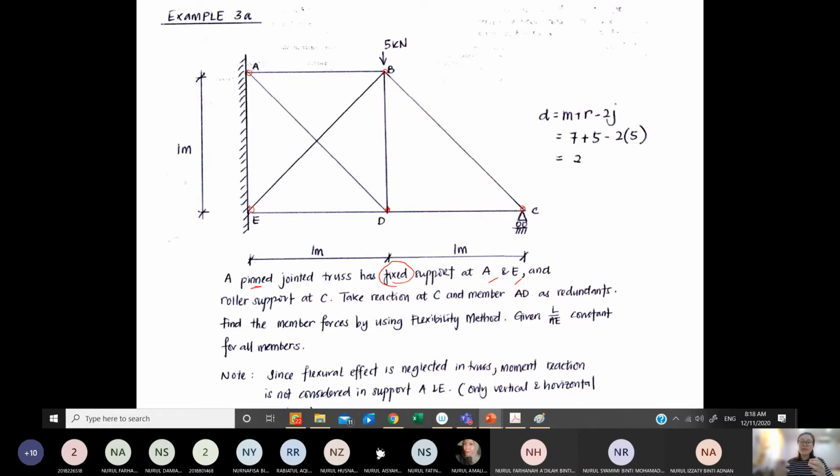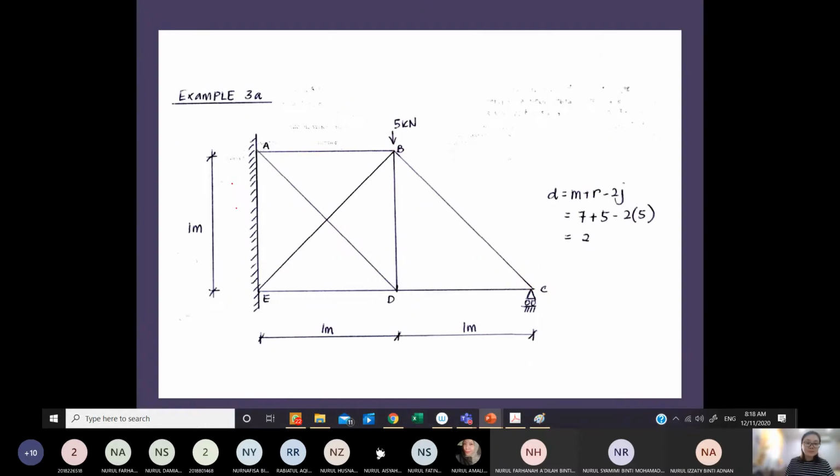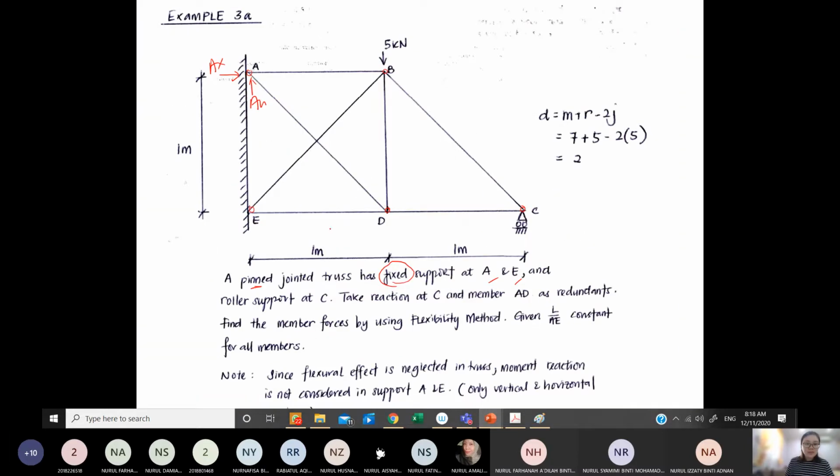But owing to the nature of the truss, a pin jointed truss does not take any moment. Therefore, at A and E there will be no moments. They will have only AX and AY, EX and EY.